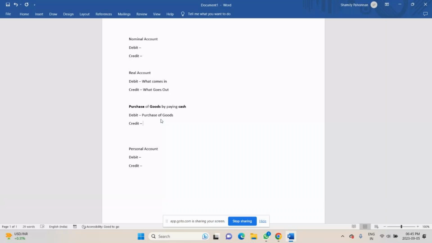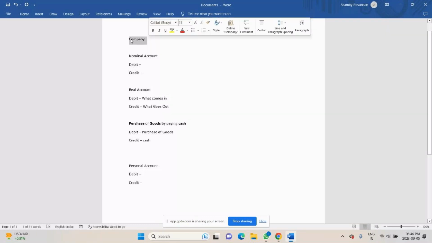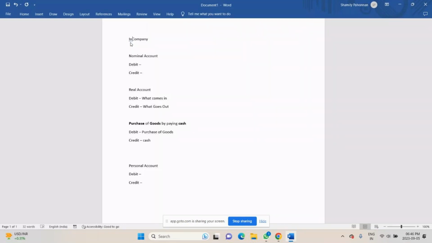Whenever you do a transaction, you have to think only in terms of the company. You will not think about whether you are receiving or paying. You will always assume in the form of the company.